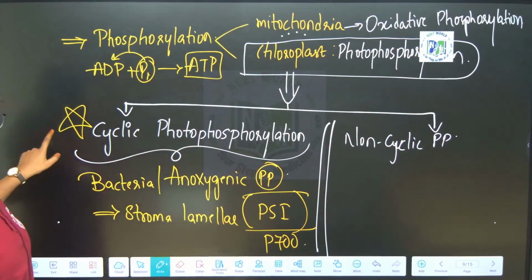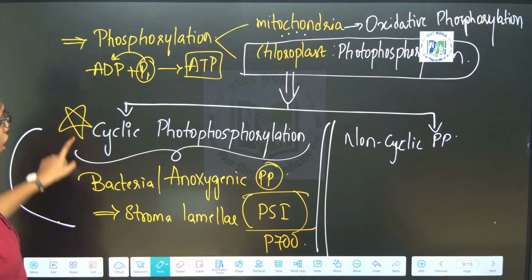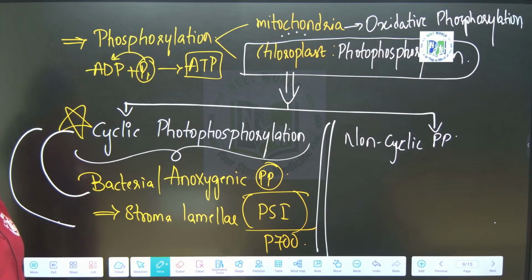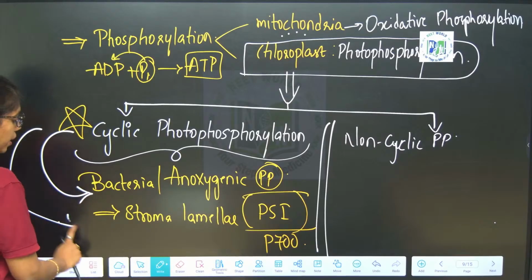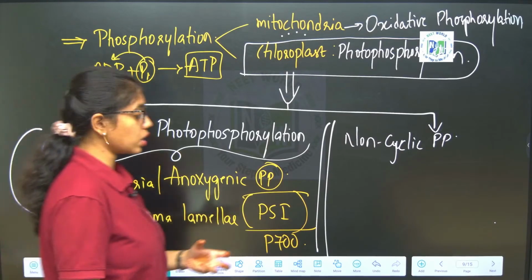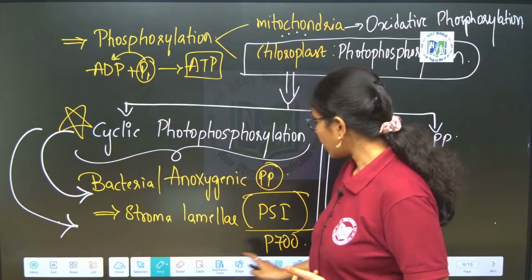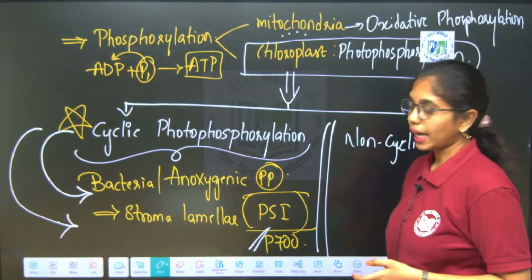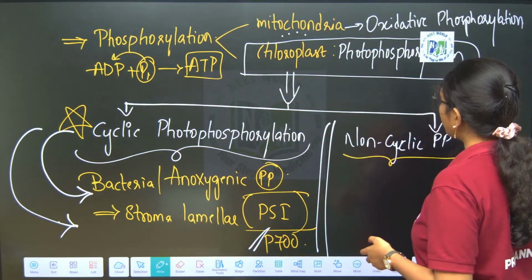This is important. They may ask us questions regarding the organelle, whether cyclic photophosphorylation occurs in bacterial or anoxygenic photosynthesis or not, or they can ask us what is the maximum wavelength of light. Next, non-cyclic photophosphorylation.